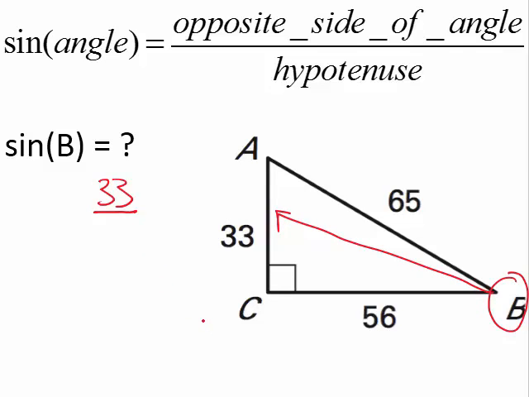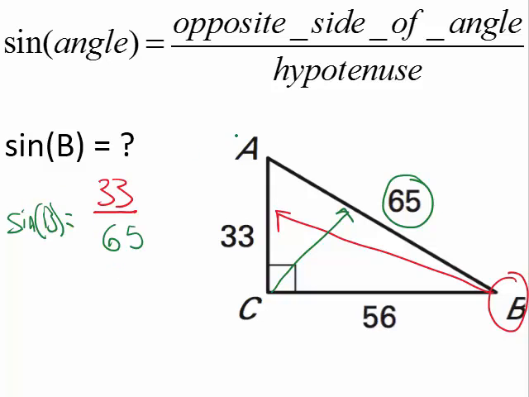So we get 33 over the hypotenuse. The hypotenuse is across from the 90-degree angle, so our hypotenuse is 65. So sine of B is equal to 33 over 65, the opposite side over the hypotenuse.